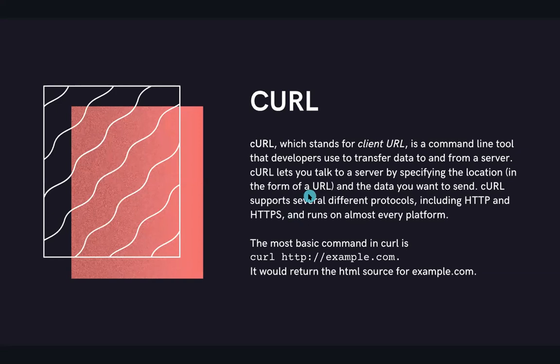And from now, I'll introduce some useful commands that you will use in the project that we'll be covering. So firstly, the curl command. It stands for client URL, which is used to transfer data to and from a server. It lets you talk to the server and follow protocols such as HTTP and HTTPS, and can run on almost every platform.